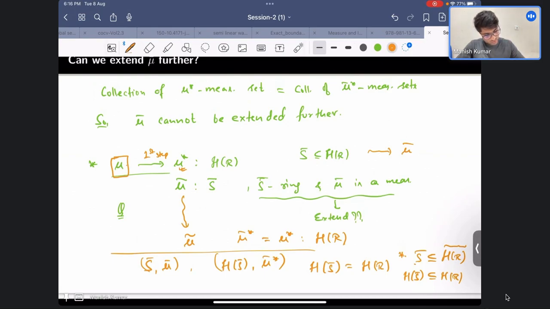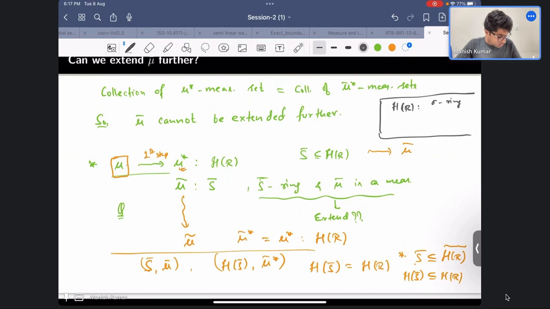Now can you tell me how this is true? Can you recall the definition of hereditary sigma ring? So where should I write? Okay, so this H of R is a sigma ring, the first thing.